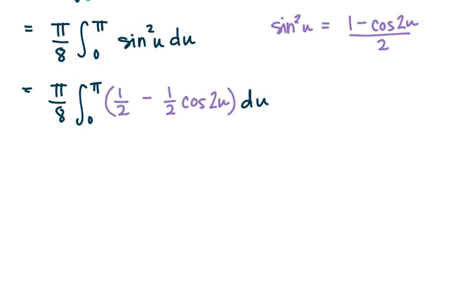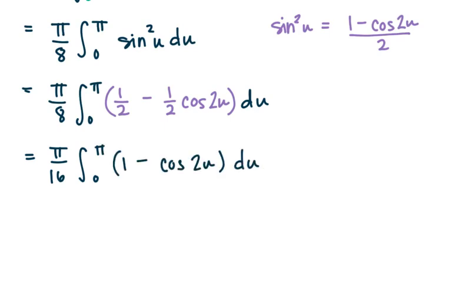So continuing to work through this, I'm going to pull that 1/2 out. I've got pi over 16, the integral from 0 to pi of 1 minus the cosine of 2u du. And now each of these terms is easily integrable. So I've got pi over 16, the integral of 1 becomes u, and the integral of cosine 2u is going to become sine of 2u over 2.